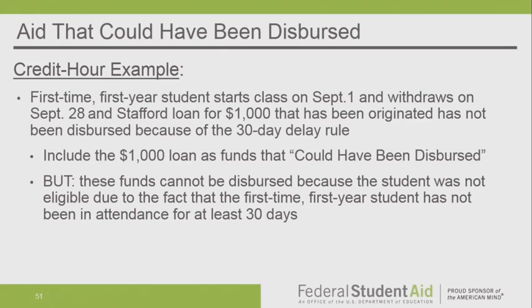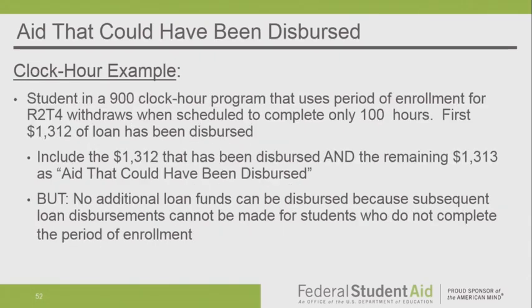But look at the "but" on the end of this slide. They still can't be disbursed, even though you're including them as aid that could have been disbursed had the student not withdrawn. You still can't disburse that aid because the student didn't stay in for the full 30 days. So it's aid that could have been disbursed, but yet it never will be disbursed. That gets a little bit confusing sometimes.